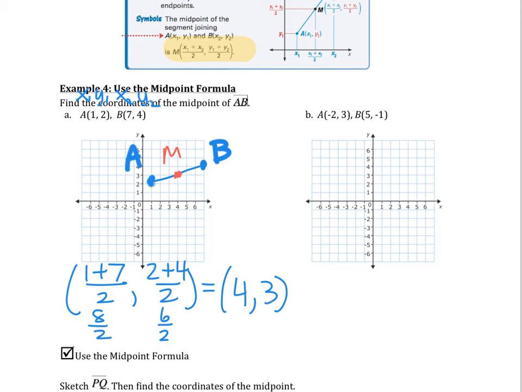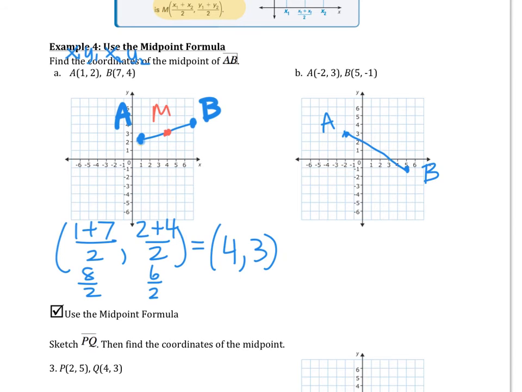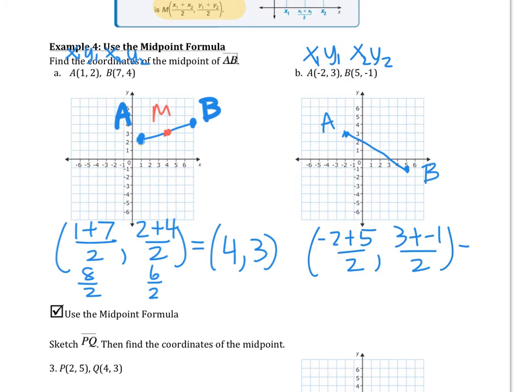Next problem, graph -2, 3, 5, -1, and again, x1, y1, x2, y2. The formula is to add the two x coordinates together, divided by 2, and the two y coordinates together, divided by 2.